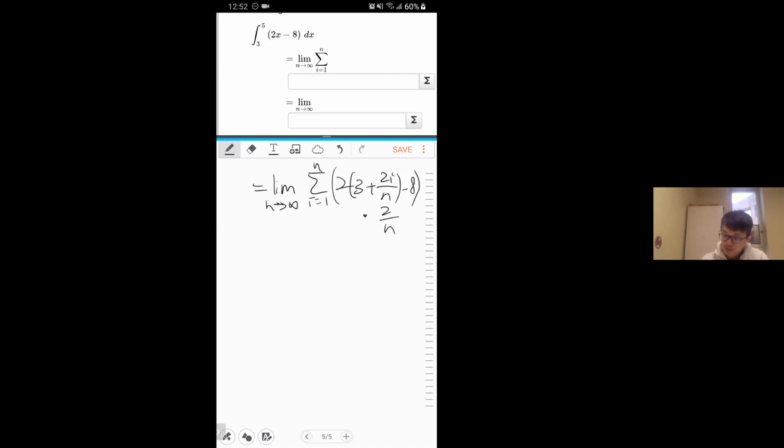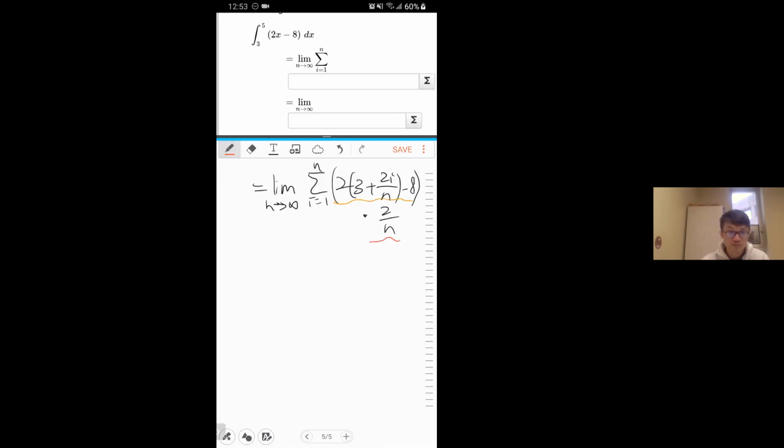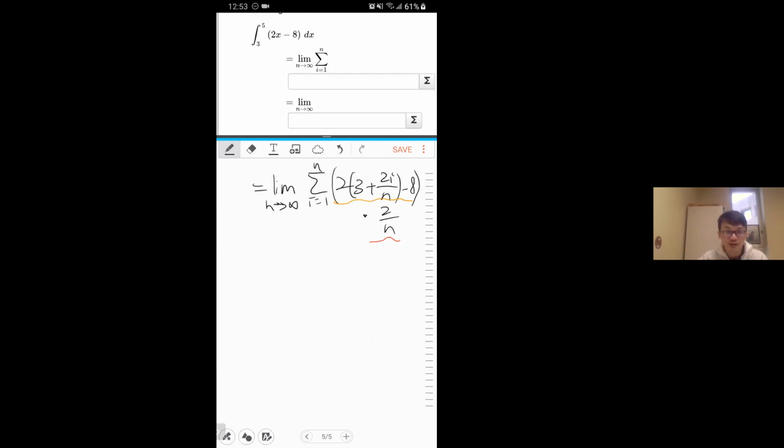Is it okay? Let me say this again. So this is f of xi. I think I'll use orange. This is f of xi. This is delta x. Where did I get the 8? I want to plug this into this to get 2 times whatever that is minus 8.